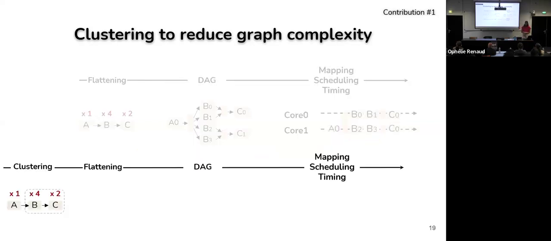An effective way to simplify a graph is clustering. Clustering consists in grouping actors together following clustering rules in order to avoid deadlock.